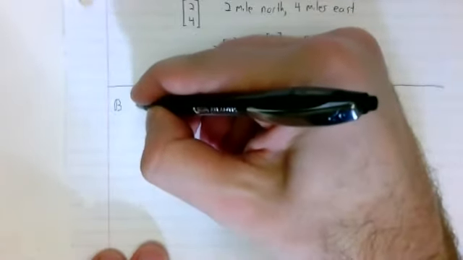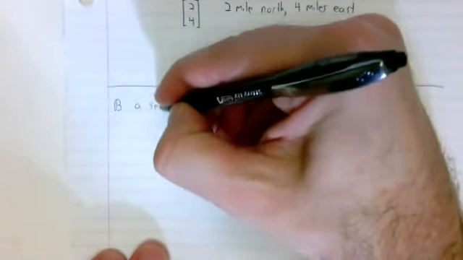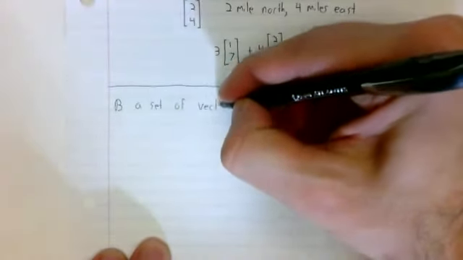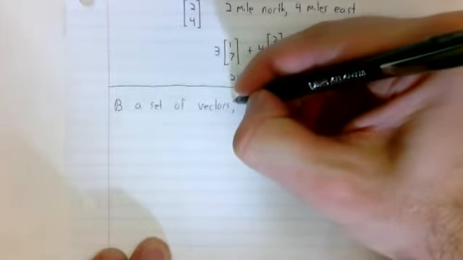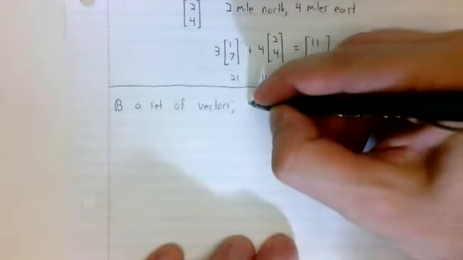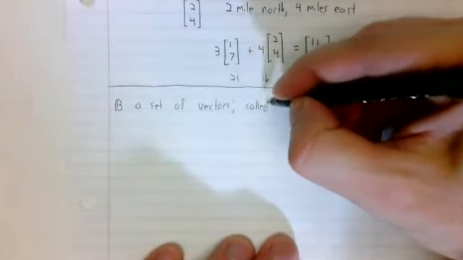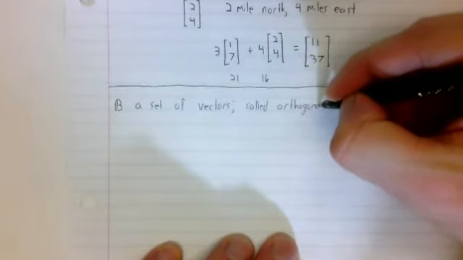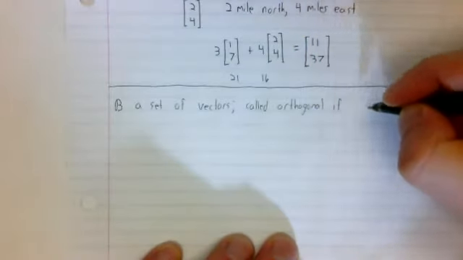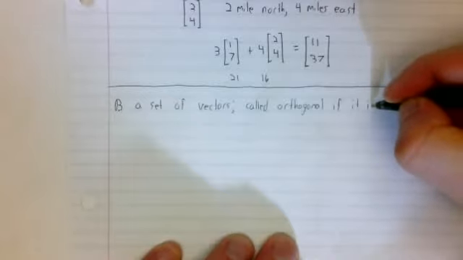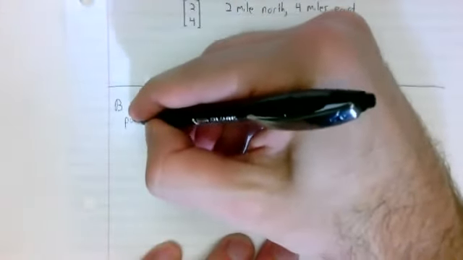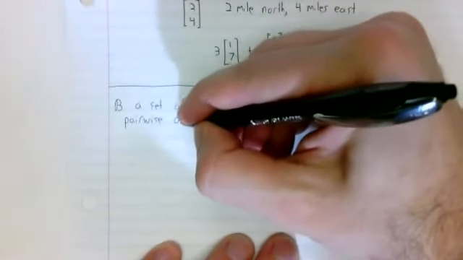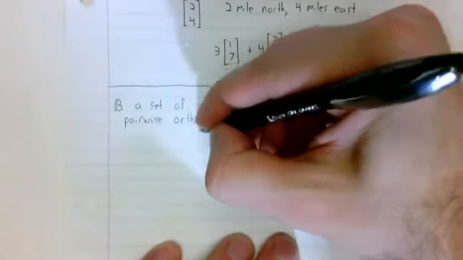Say we have a whole set of vectors. This set will be called orthogonal if it is pairwise orthogonal.